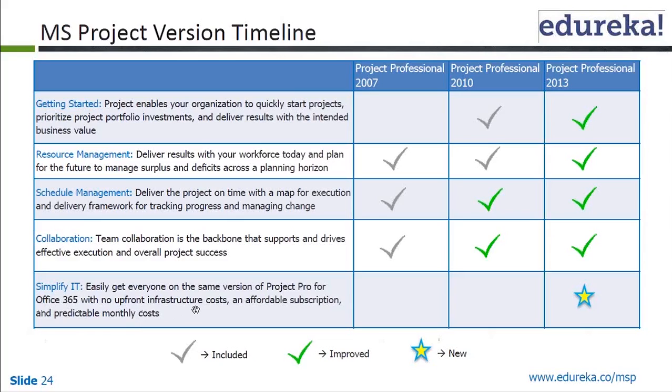So there is no upfront infrastructure cost, and if you are subscribing month on month, you know what the cost is going to be in case you want to use it over the web. So that's the advantage of Simplify IT.